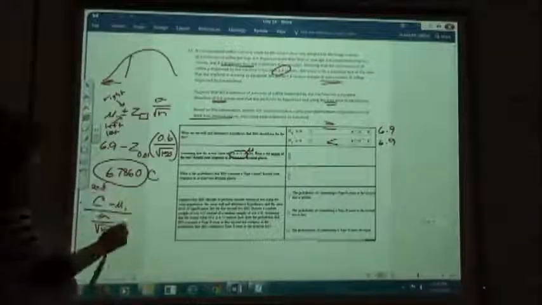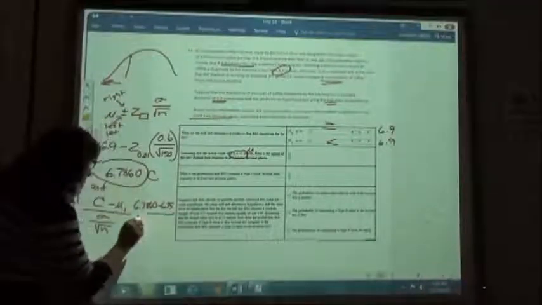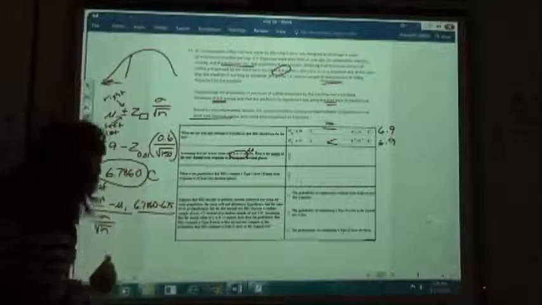So we are going to do 6.7860 minus 6.75, over my standard deviation, 0.6, and the square root of n, which was 150.